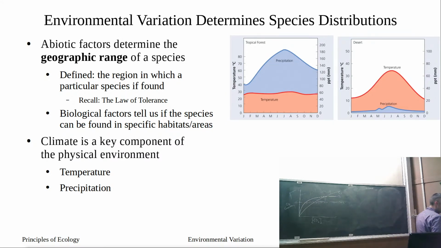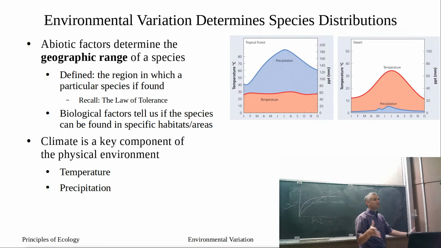So our abiotic factors determine our species range. It's going to determine, I should say, our geographic range. As we'll learn, it kind of determines our theoretical ranges, because the abiotic factors basically tell us our zone of tolerance.